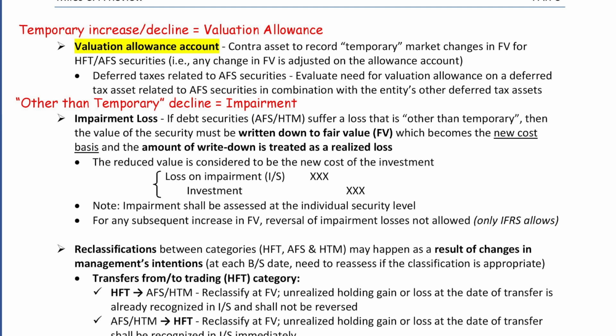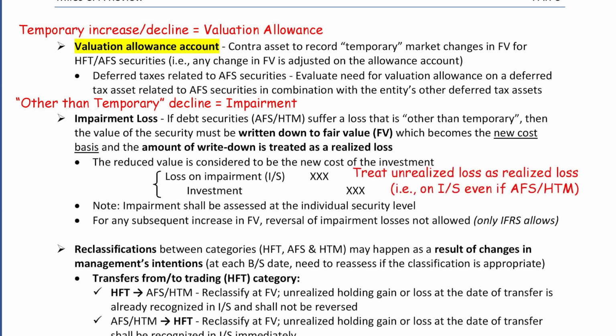So guys, basically, if there's an impairment loss on securities which the investor continues to hold, technically, though it's an unrealized loss, it's accounted for as if it's a realized loss. So if you look at the loss on impairment on the journal entry, that goes into the income statement. Make a note there, right? Treat unrealized loss as realized loss. That means on income statement, even if available for sale or held to maturity.